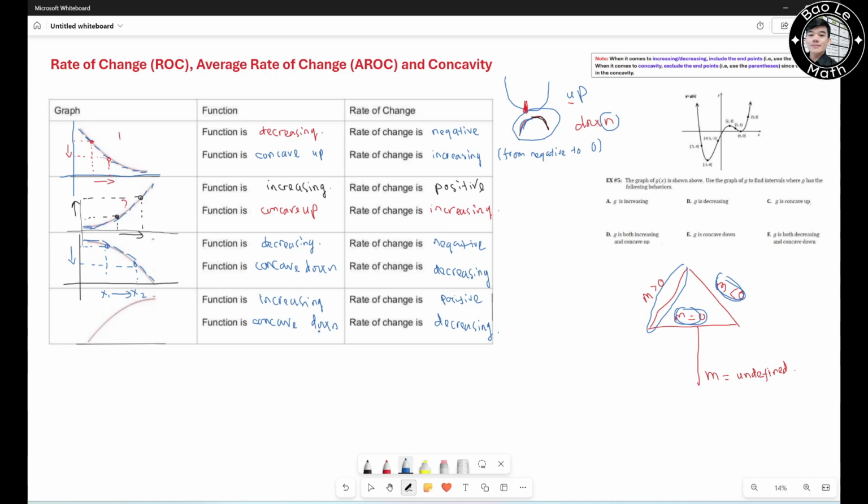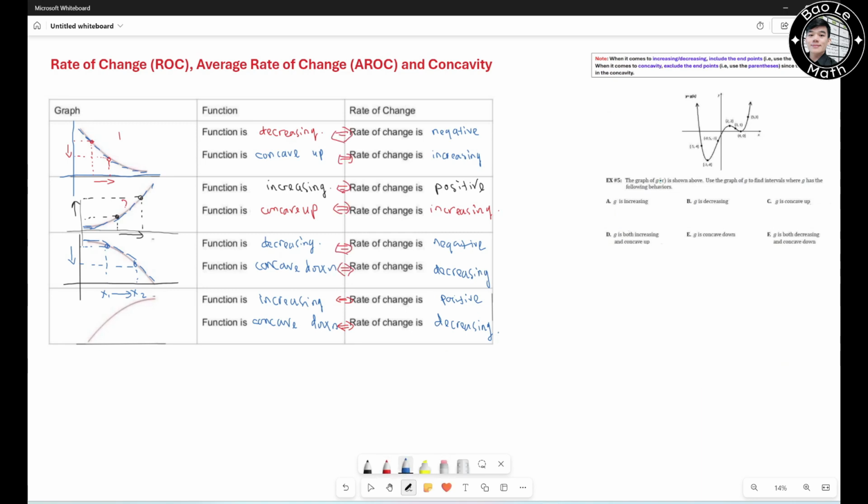The function is concave down, the rate of change is decreasing. If they give you the rate of change is decreasing, you can conclude the function is concave down. So this guy implies this guy. Same thing. So you're going to put the equivalence right here.